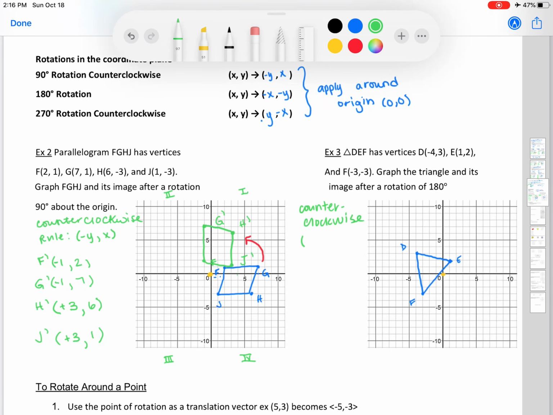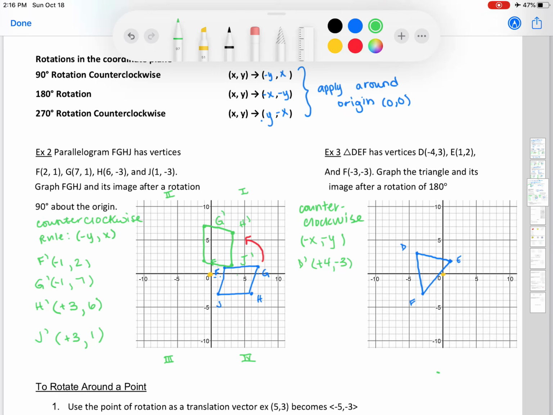So I'm using the rule that was provided to me. I know that at 180 degrees, my x and my y coordinate will not flip at all. They will remain in the same location, but the signs on them will switch. So for my D prime, I had a -4 and a +3.